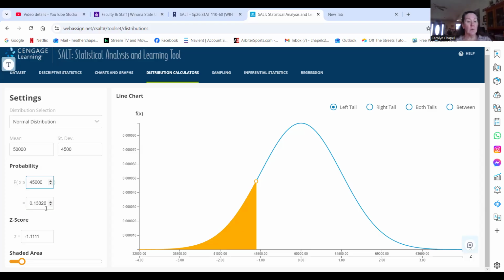I also know here this Z value. If I would have gone through the data value minus the mean, so taking 45,000 minus the 50,000, divided by the standard deviation of 4,500, I would have gotten a negative, because it's smaller, 1.111.